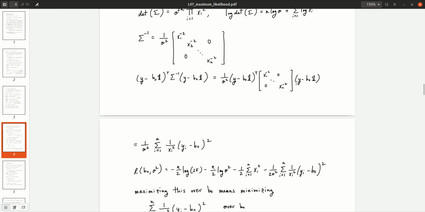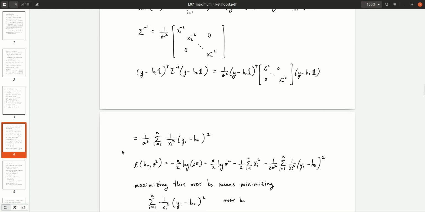What you're going to get is y minus b01, and then you divide each element by x sub i squared. Then you do the dot product of that resulting vector with this vector, and that will give you this sum here. So this is the quadratic form term.